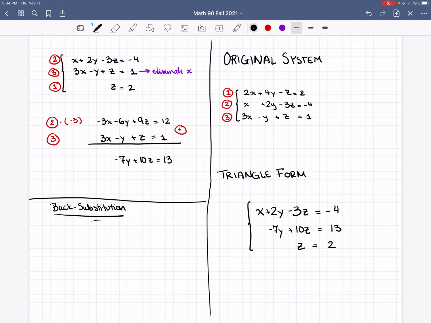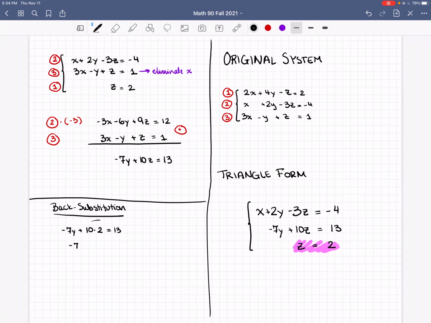We already know that z is equal to 2. So we're going to plug that into the second equation here. That leaves us with negative 7y plus 10 times 2 is equal to 13.